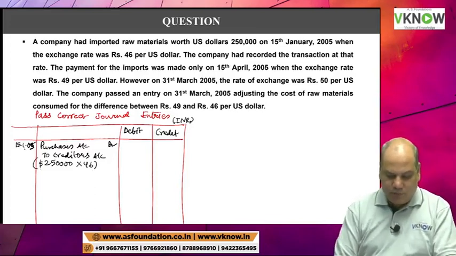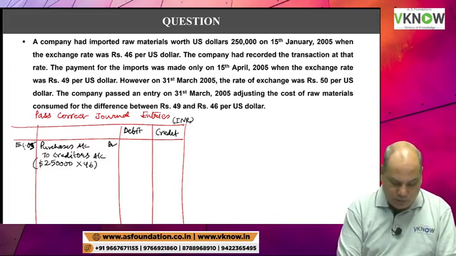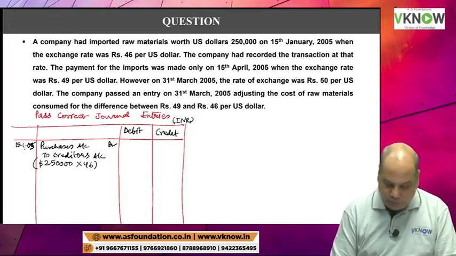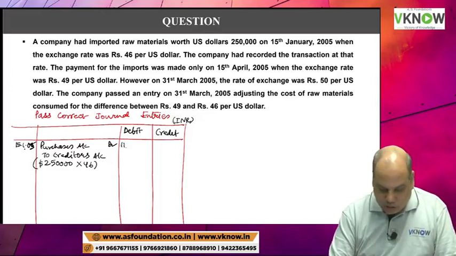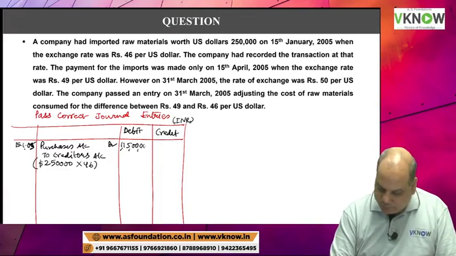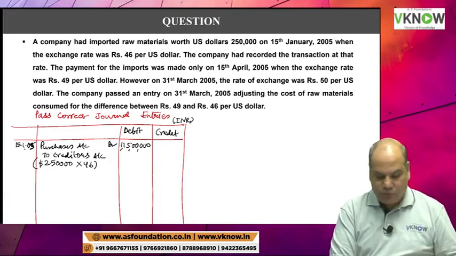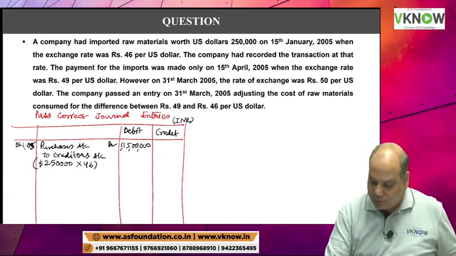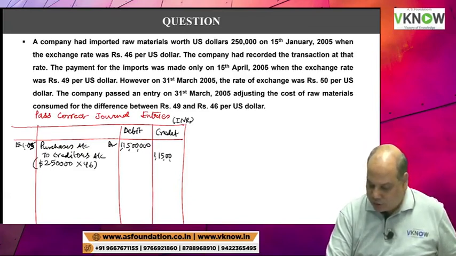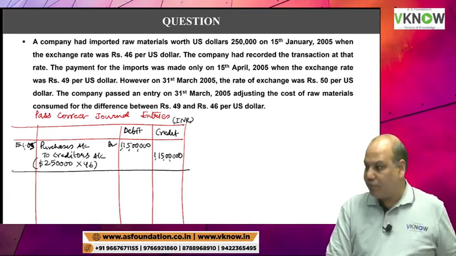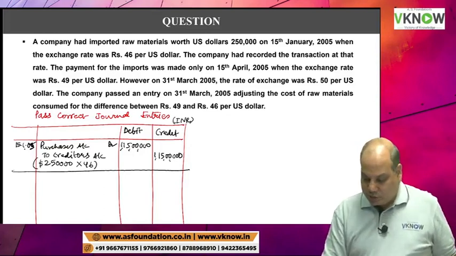Please reply. 2,50,000 into 46, so you are going to record 1 crore 15 lakh. Check. Is it 1 crore 15 lakh? To creditor 1 crore 15 lakh. This will be your first entry on the date of purchase.